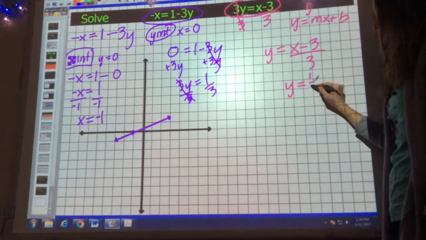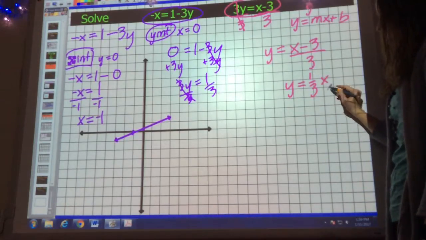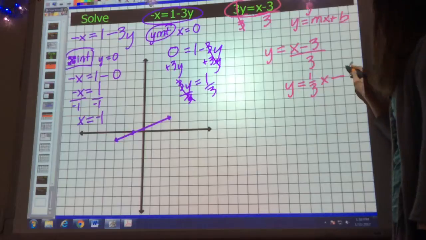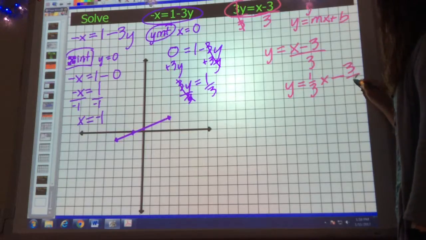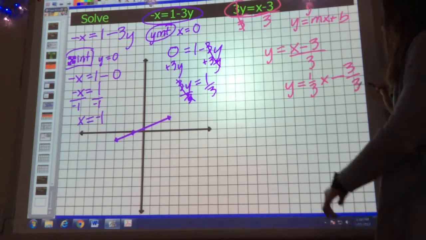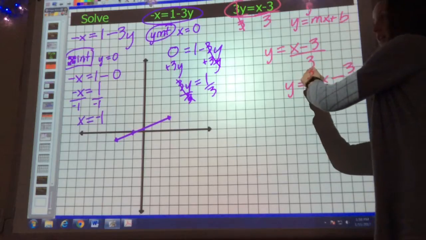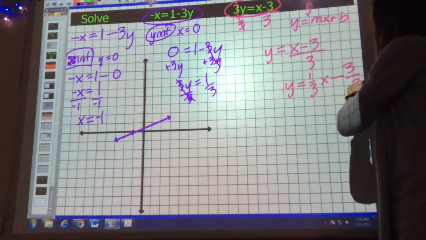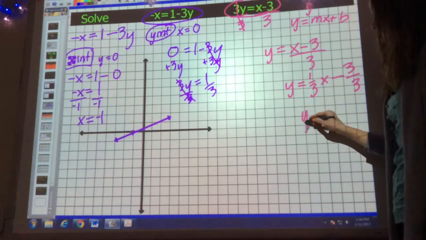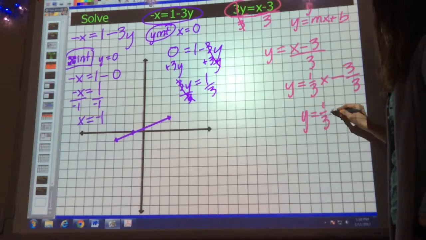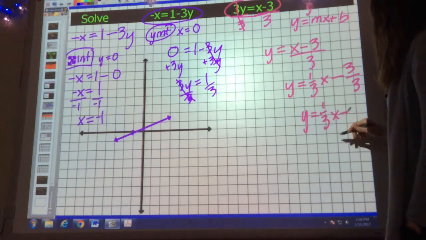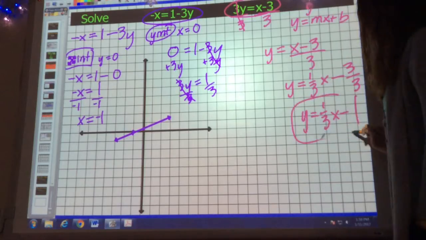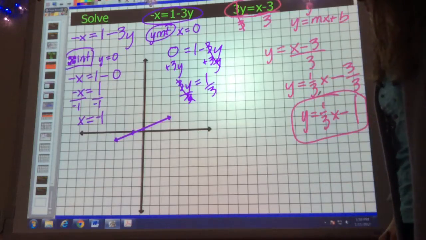So it's actually saying 1/3 x, minus 3 over 3. Both of these things are over 3, so we have to split them. Then we should simplify that once more, because what's 3 divided by 3? 1. And that is what we want to get it into.